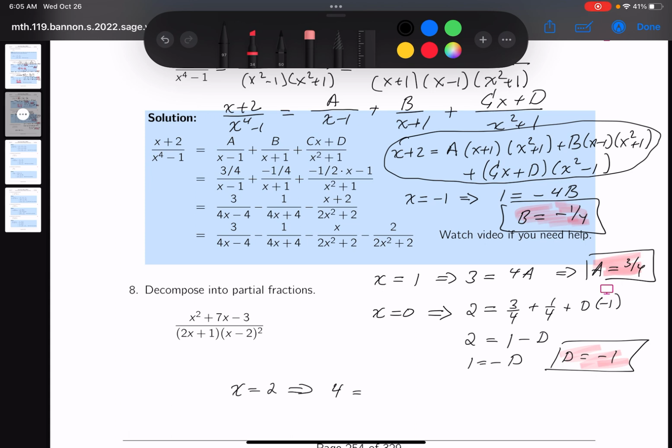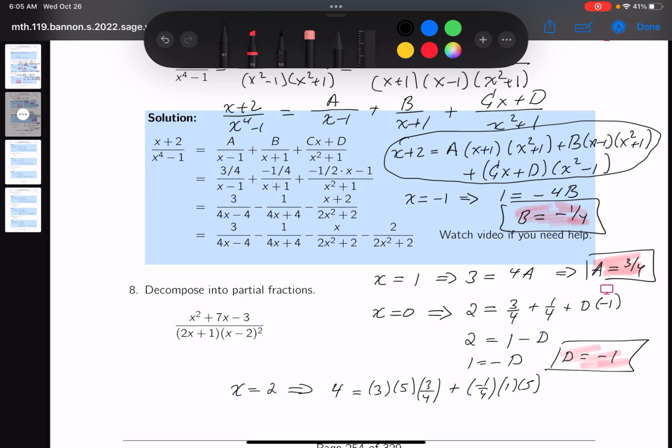If you pick 2, 2 plus 1 is 3, and 4 plus 1 is 5. And the A was what? 3/4, right? I'll write that down. I'll be more careful; it's more difficult. Plus the B. What's the B? The B was minus 1/4. And again, we're picking 2, so that's going to be 1 times 5.